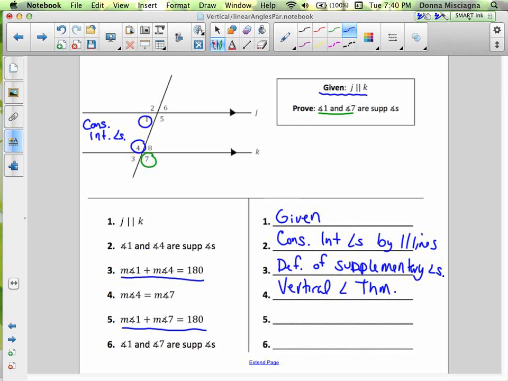What did we do to the measure of angle 4? Well, we just replaced it, because the measure of angle 4 is equal to the measure of angle 7. So when you replace one angle, or one of anything, with something it's equal to, you're just doing a substitution. You're substituting one equal quantity for another. So this is substitution property.